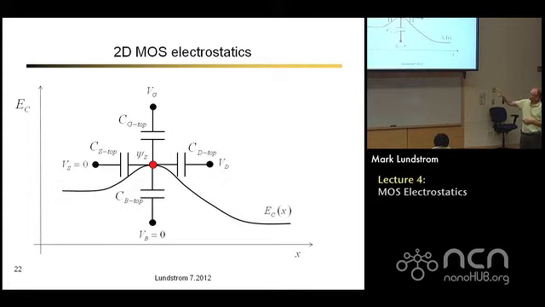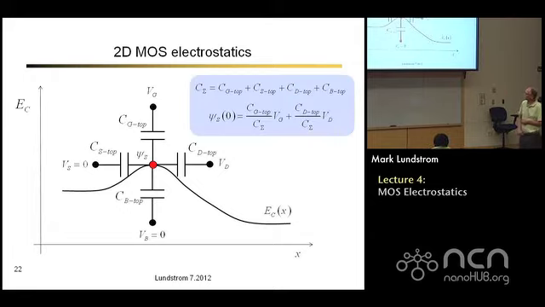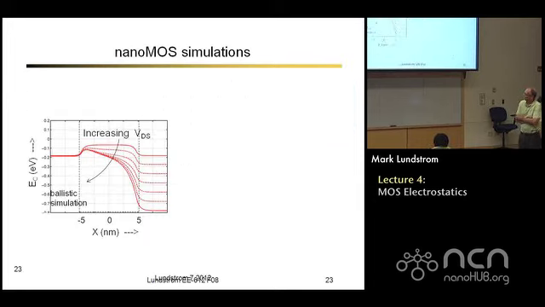So really, the task of an MOS transistor designer is to design the device such that the gate capacitance is the big one and the other capacitors are small ones and have a small influence on it. So you can see that the height of that energy barrier is going to be affected by, just do a little bit of circuit analysis on that, those other capacitors too.